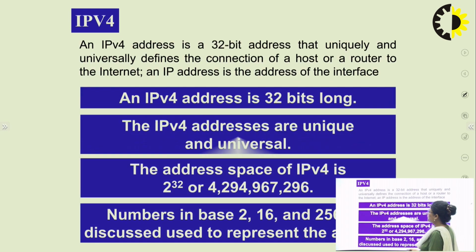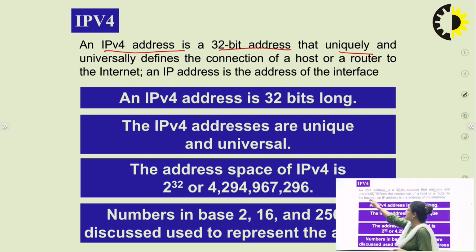As I told you, an IPv4 or Internet Protocol version 4 address is basically a 32-bit address which uniquely and universally defines the connection of a host or a router to the internet. Each of these addresses is unique, and they are universally visible to all systems connected over the internet.